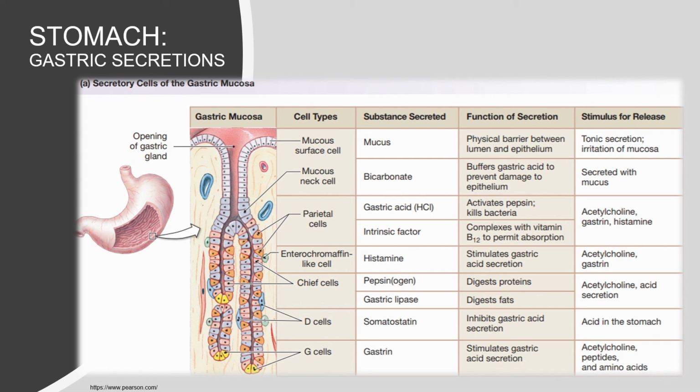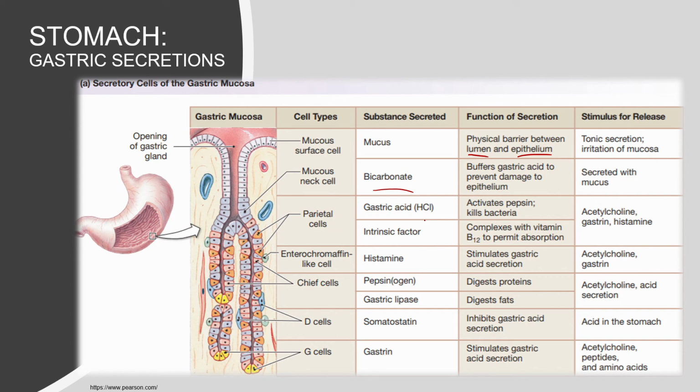So we have mucus. Mucus is very important in our stomach because it is a physical barrier between lumen and epithelium, because in the lumen we have very low pH, which would be very irritating for any mucosa.